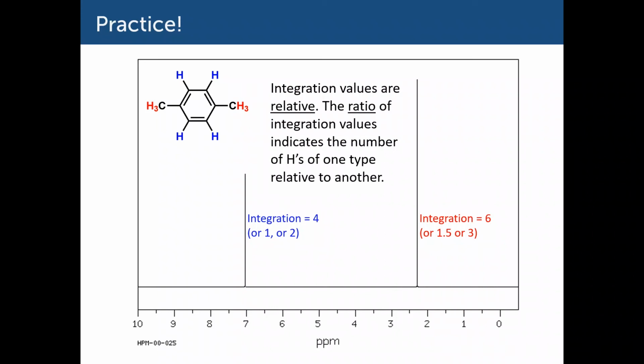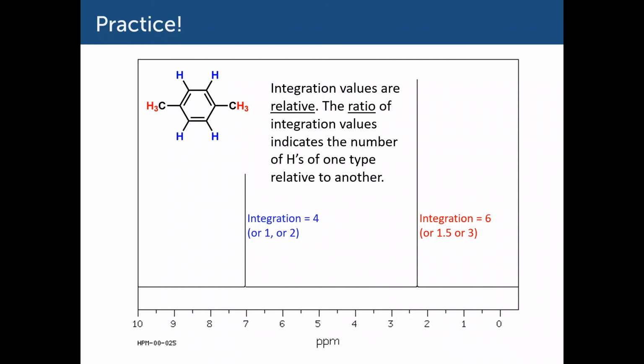It's the ratios that tell you how much of one kind of hydrogen you have to the other. I'll do my best to always provide integration or spectra that have integration that does correspond to true counts of hydrogen atoms, but I can't guarantee that will happen in lab this semester or in practice problems that you see in the various resources pointed out in the SLO documents. So just be aware of this property of integration values.